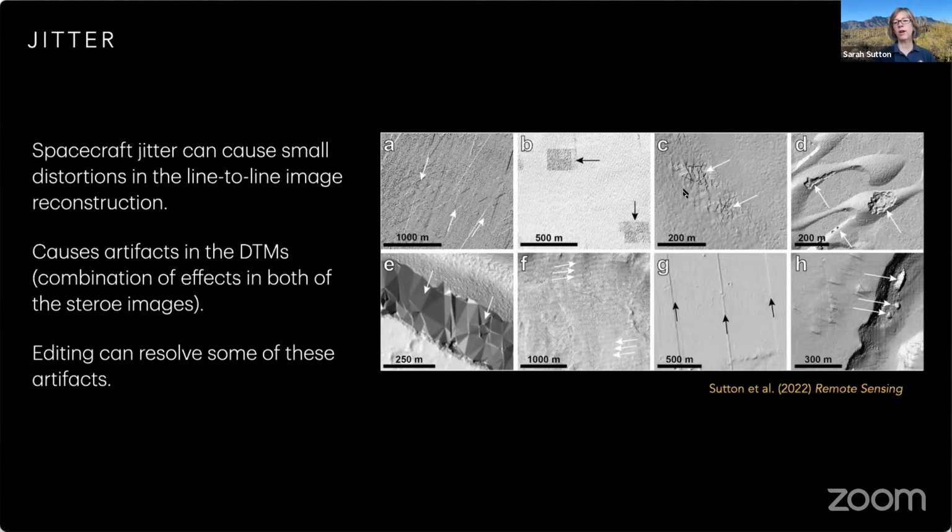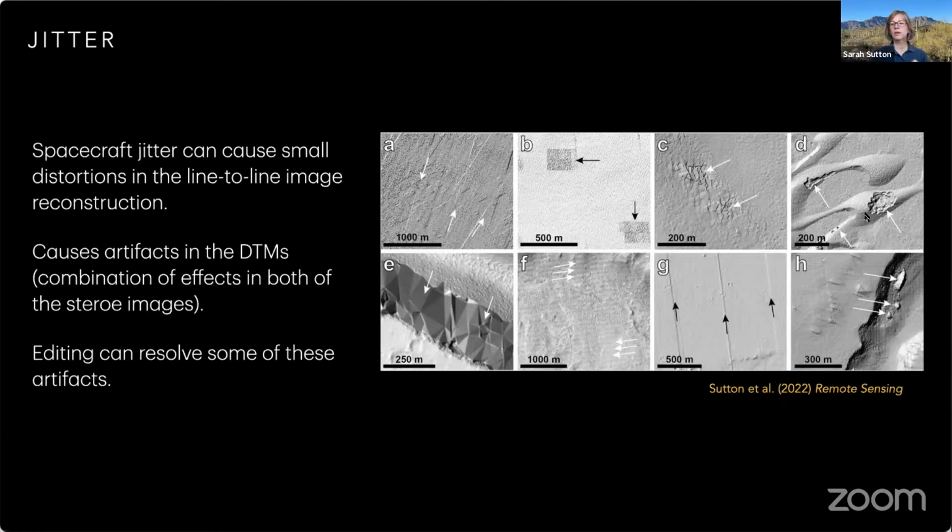You might see these Pringle or Dorito chip or triangle looking facets that may be due less to jitter and more to featureless areas on the surface. Dunes, because they are also very smooth and featureless and sometimes moving between stereo pairs, might also have artifacts where you have some large chunk of terrain that didn't resolve.